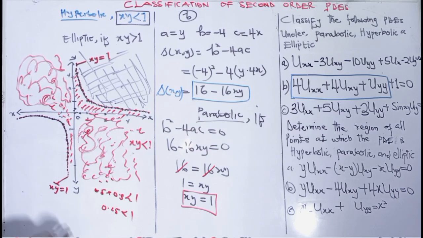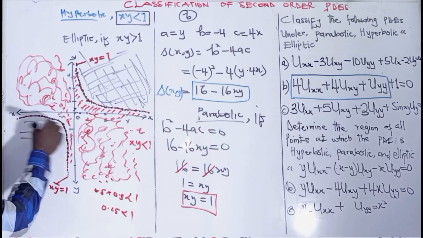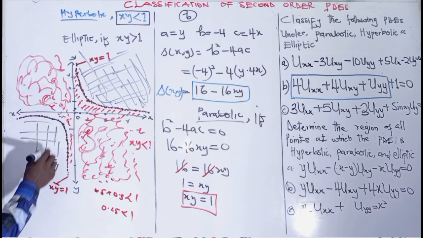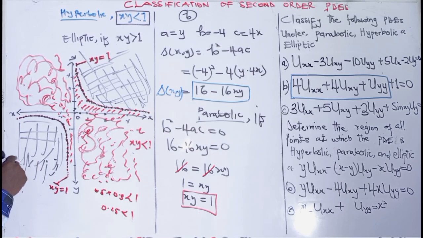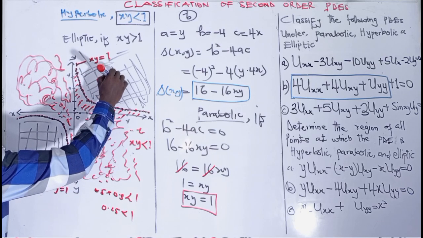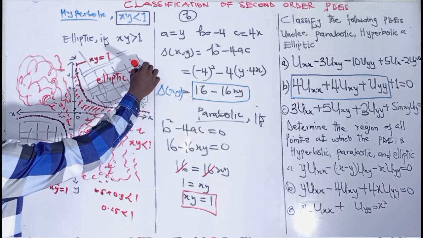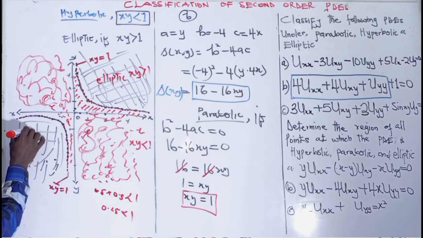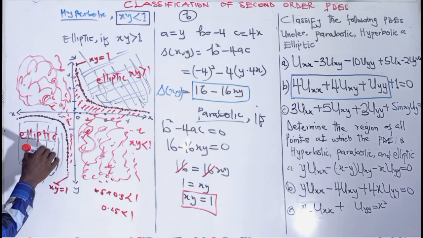So we can say that any point that we pick in this region as well is going to make the PDE elliptic. Let's write the name. So here is elliptic, with xy greater than 1.